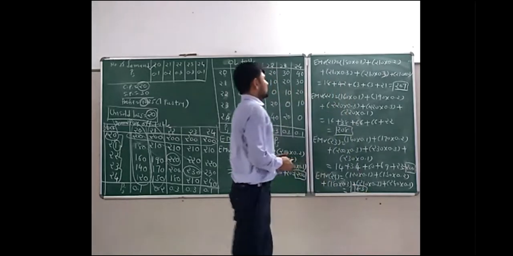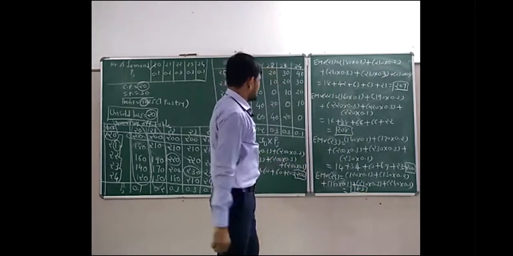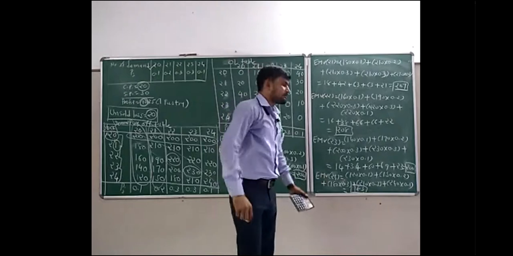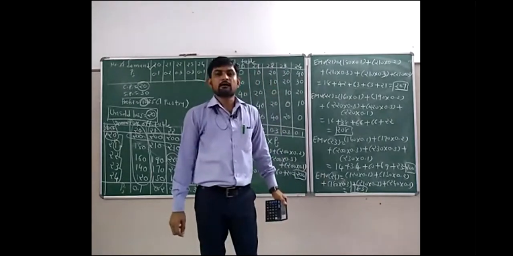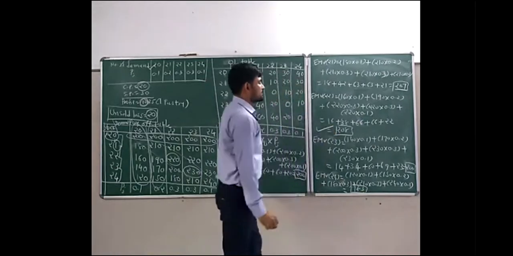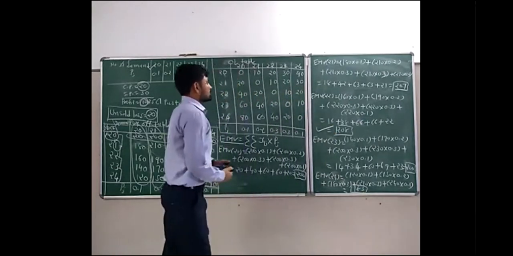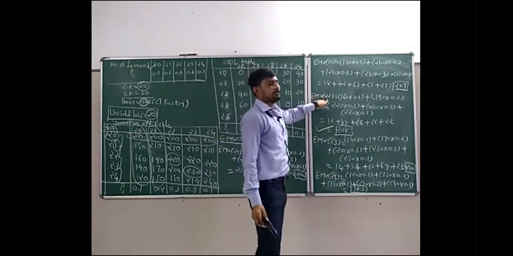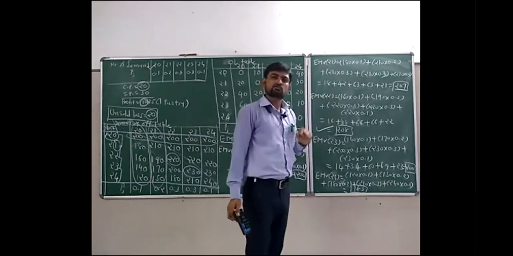So according to the EMV rule, we select that act as the best act which has maximum EMV. So maximum EMV is 208. So we can say we should keep 22 pastries in the shop.